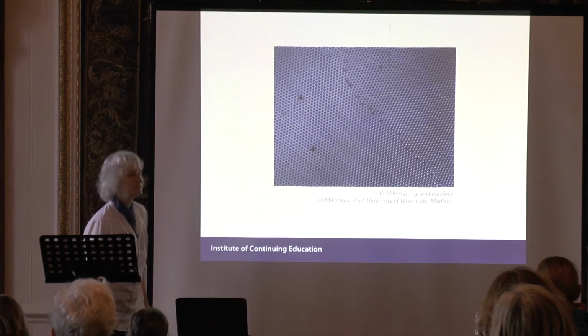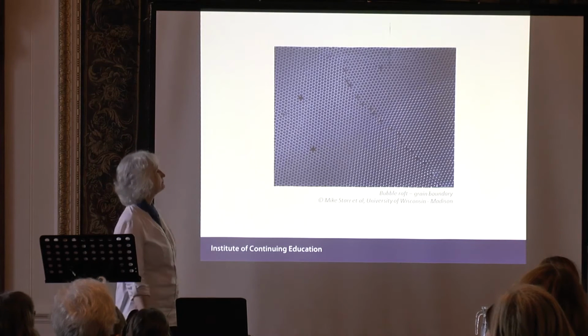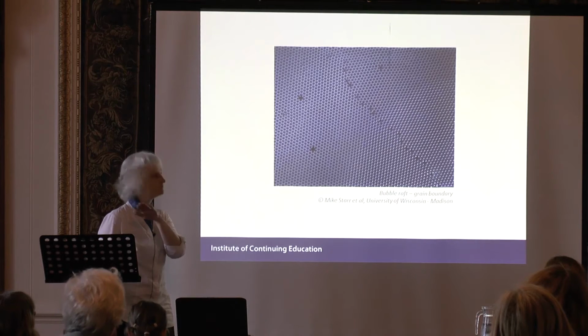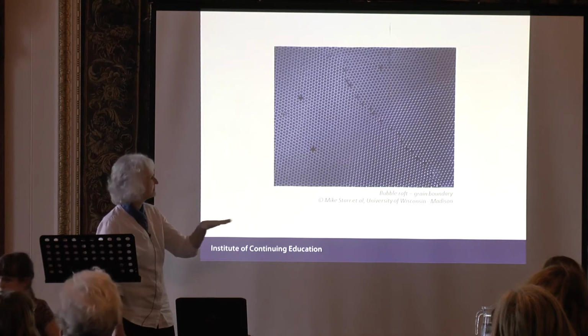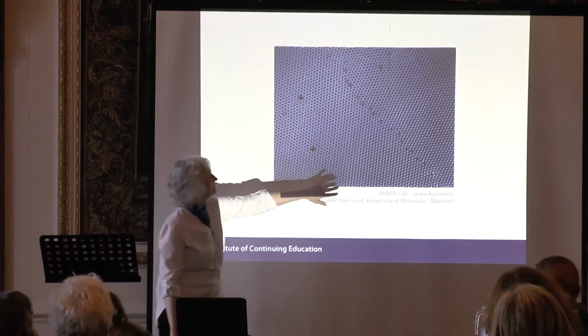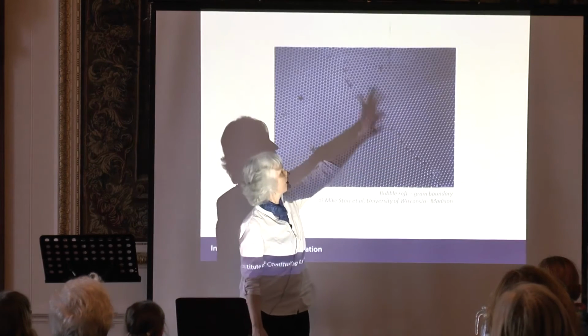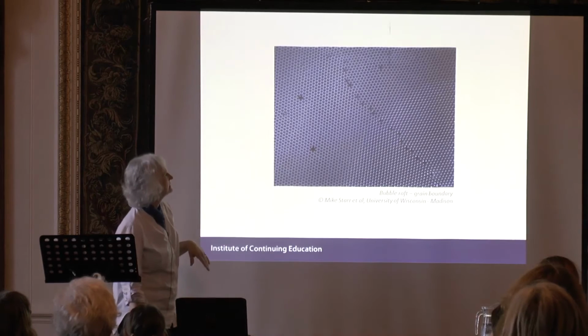Here we go. This is roughly what happens where they meet. This is not atoms, this is a bubble raft. So this is little tiny soap bubbles, beautifully regular, floating on the surface of a tank. Lovely regular array at the bottom left, lovely regular array at the top right, something's not quite right down the middle.